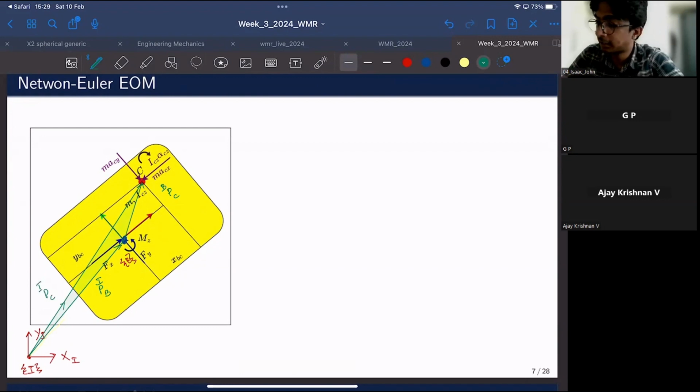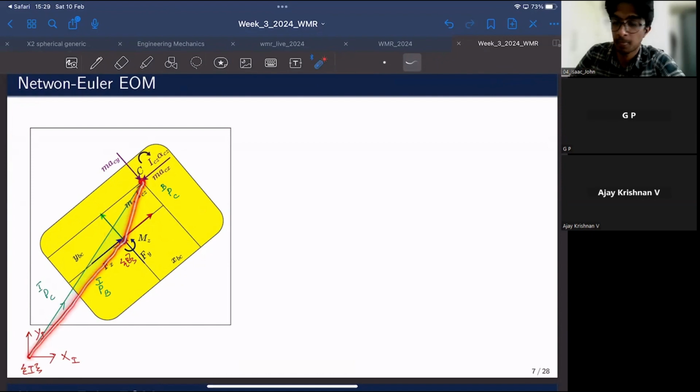So how would you write this vector expression? This vector from the inertial frame of reference to the center of mass, the point C, is the sum of these two vectors.